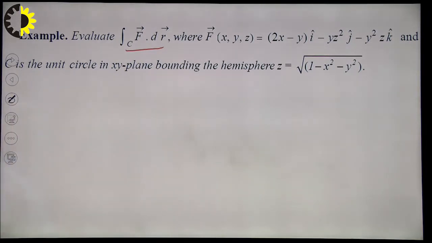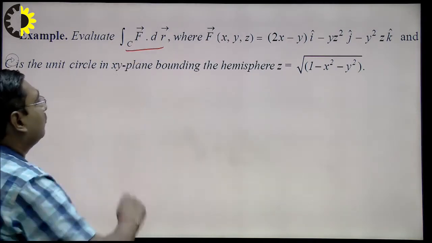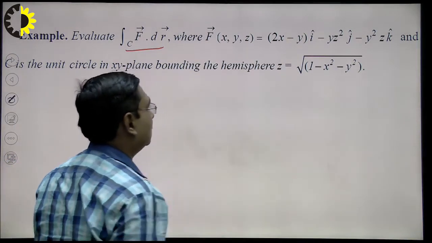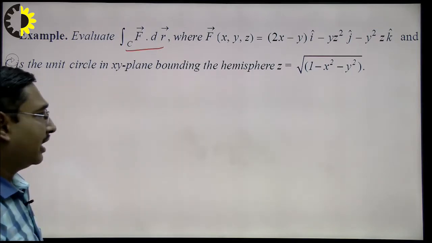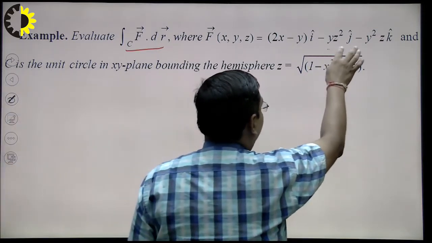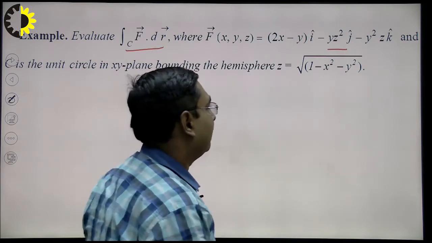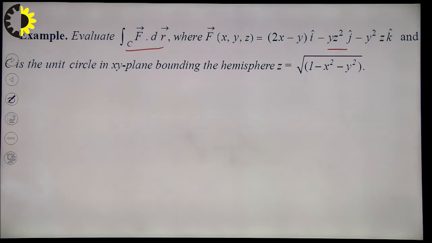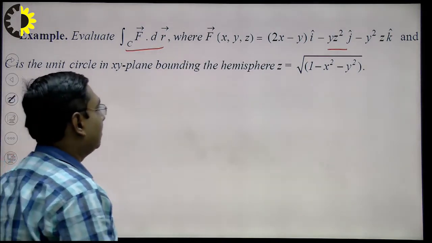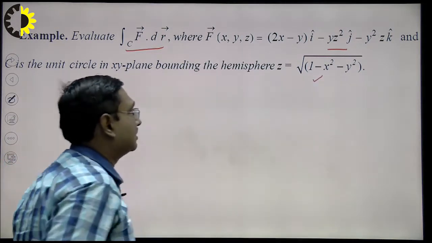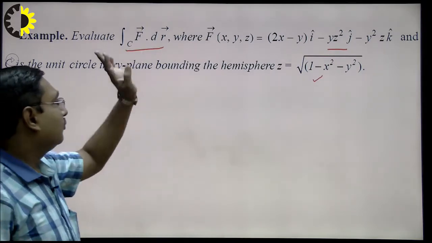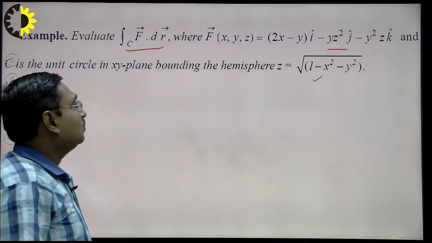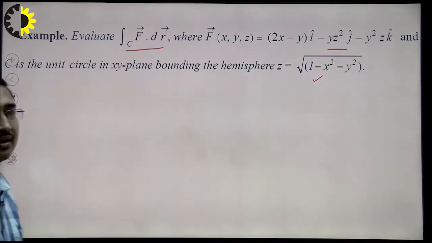The example says evaluate the integral over C of f dot dr, where f equals (2x minus y) i cap minus yz square j cap minus y square z k cap, and C is the unit circle in the xy plane bounding this hemisphere. This integral over C of f dot dr is to be calculated, and we shall use Stokes theorem to calculate this line integral.